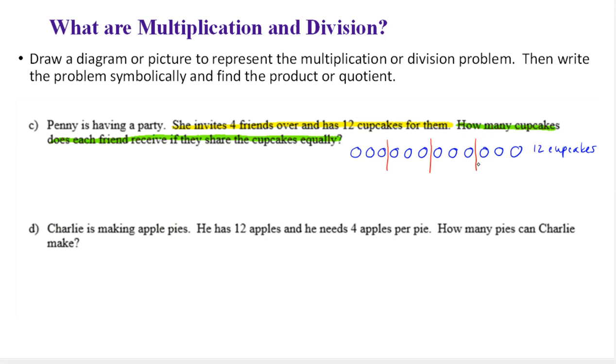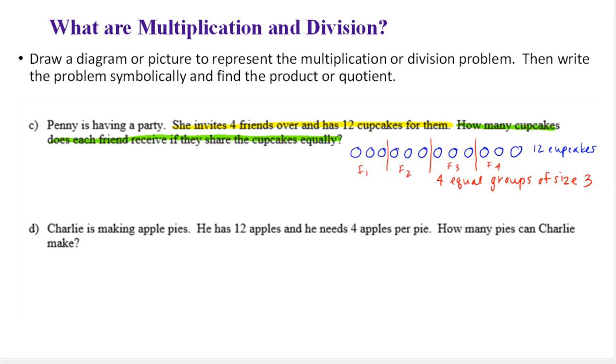And now I have 4 equal groups of size 3. And each friend, this will be friend 1's cupcakes, friend 2, friend 3, and friend 4. And each friend will receive 3 cupcakes.